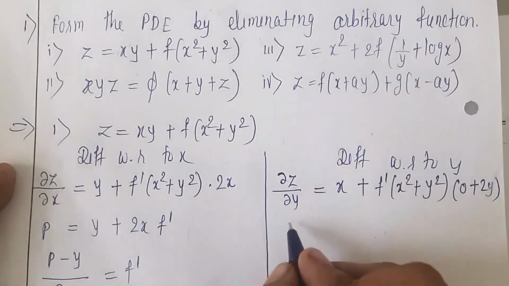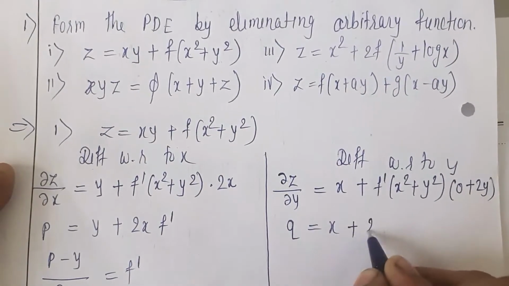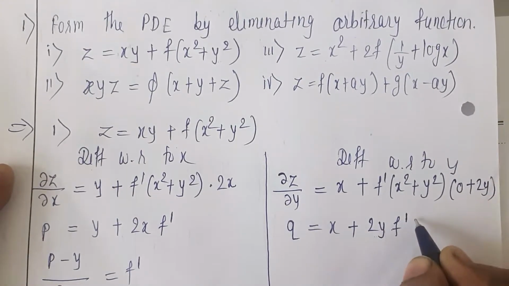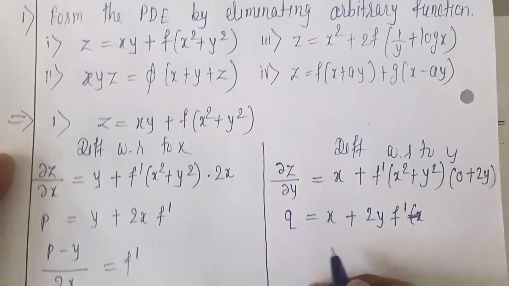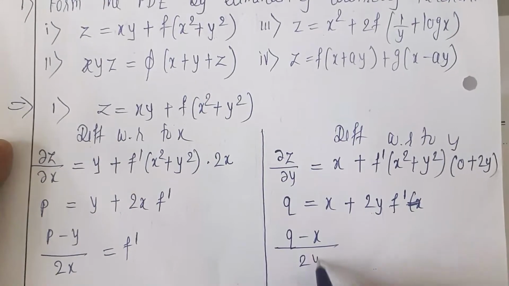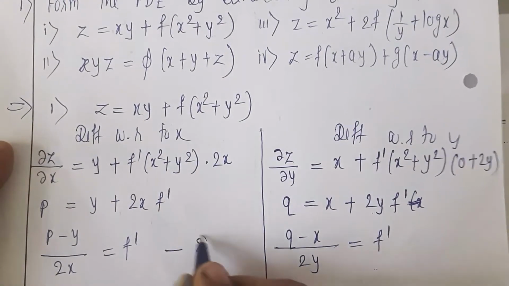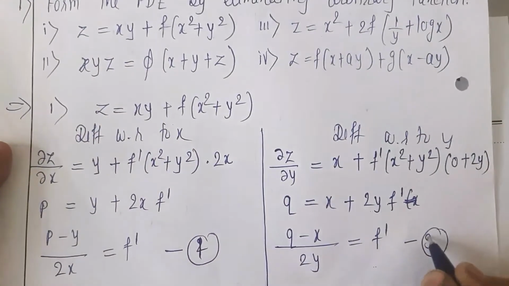So del z by del y is q is equal to x plus 2y multiplied by f dash of x square plus y square, or simply you can write f dash here. So q minus x divided by 2y is equal to f dash. In this way also we can write. So this is equation number 2, and 1 and 2.